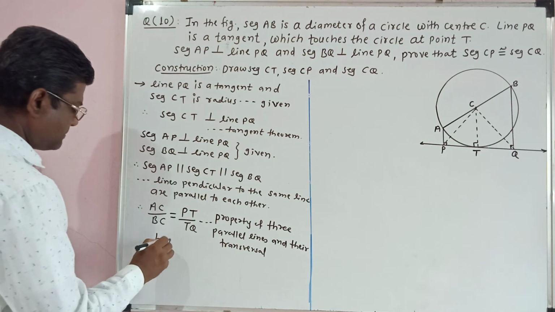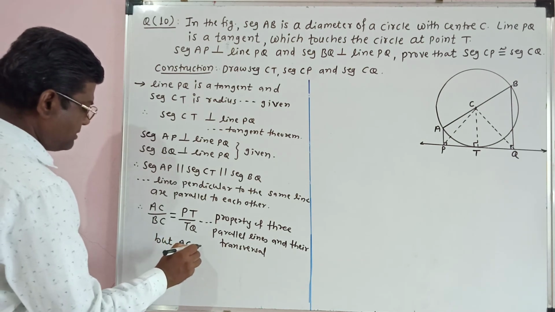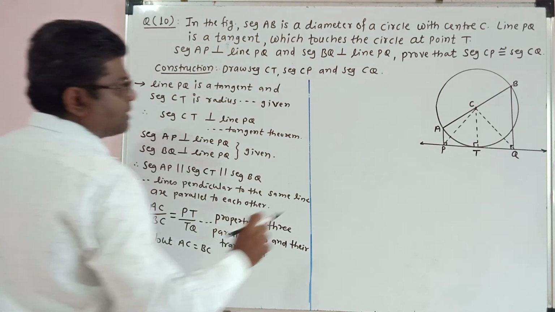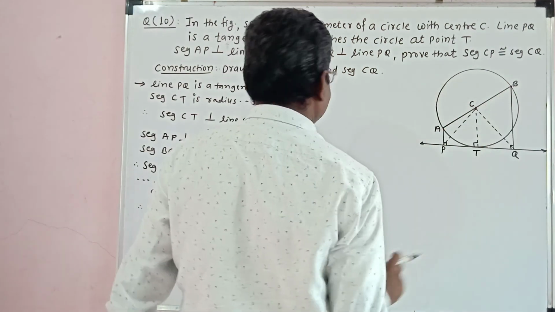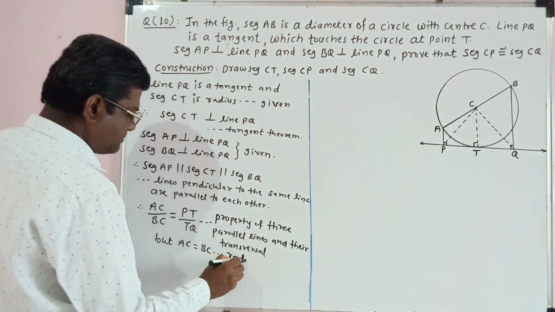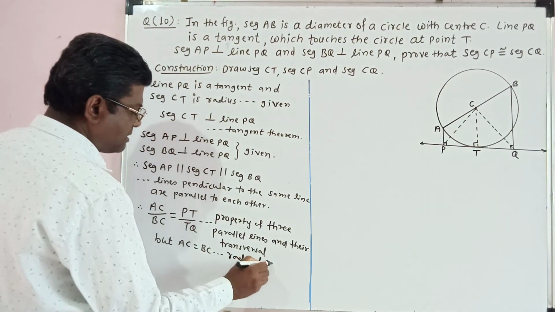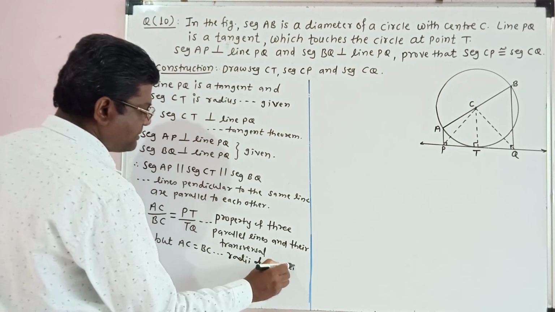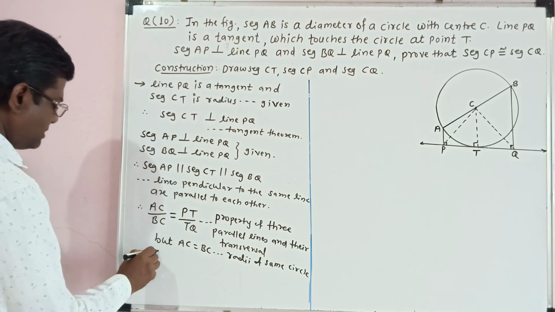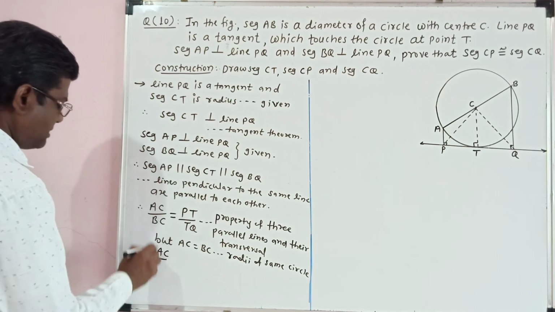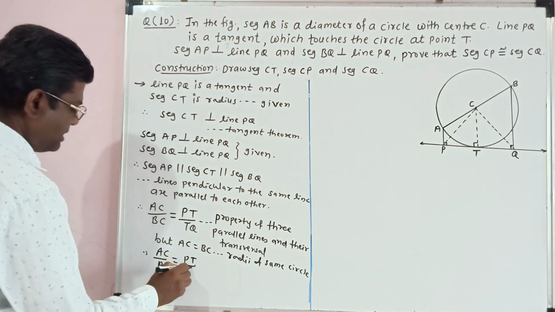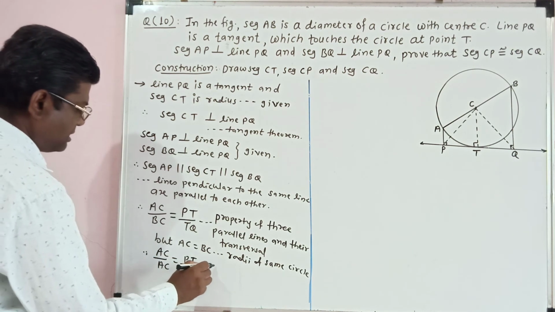But AC is equal to BC, radii of the same circle. Therefore we put BC is equal to AC. AC upon AC is equal to PT upon TQ.